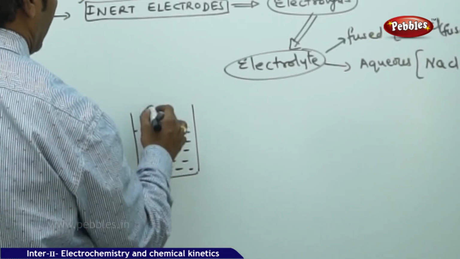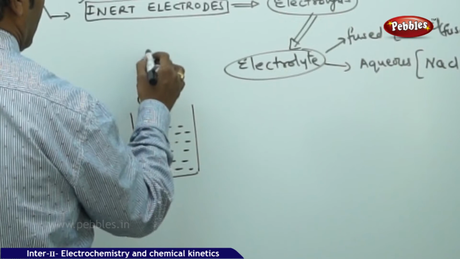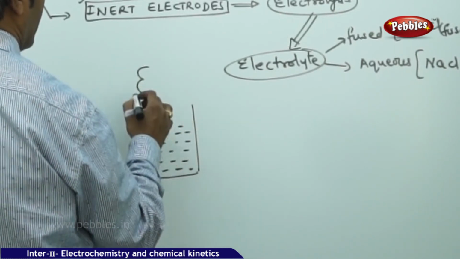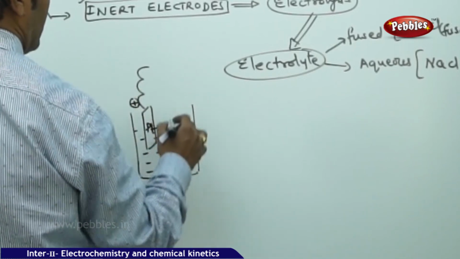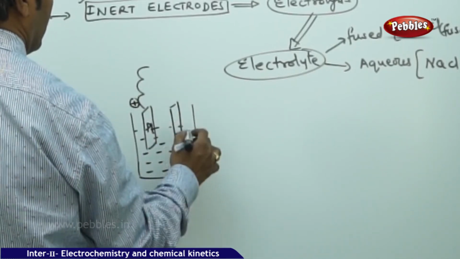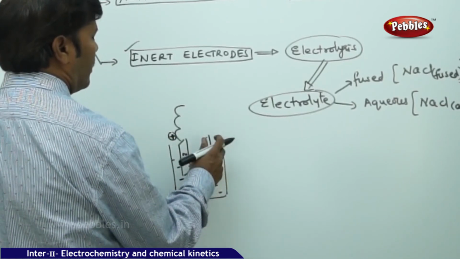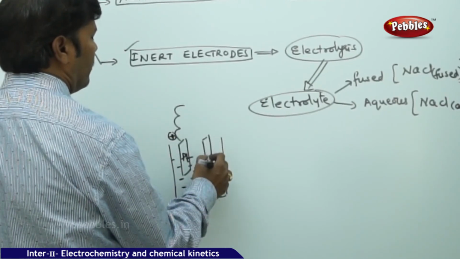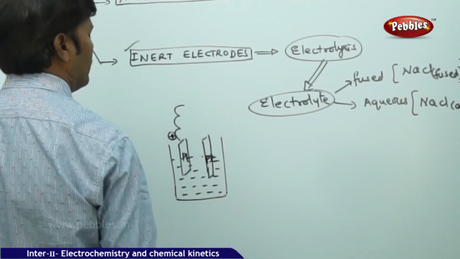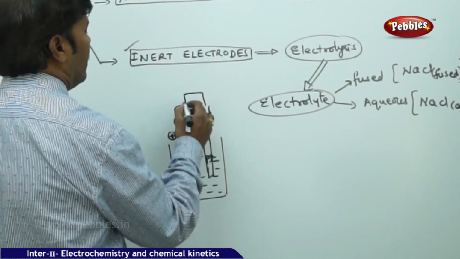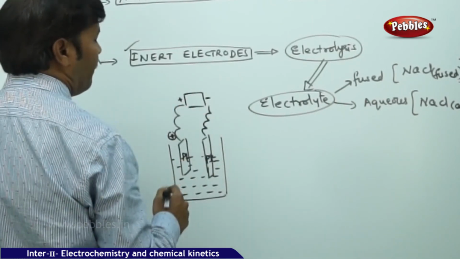So if I am taking here one platinum electrode which is acting as the anode, and another platinum electrode that is the cathode, both are connected to the battery, an external power source.